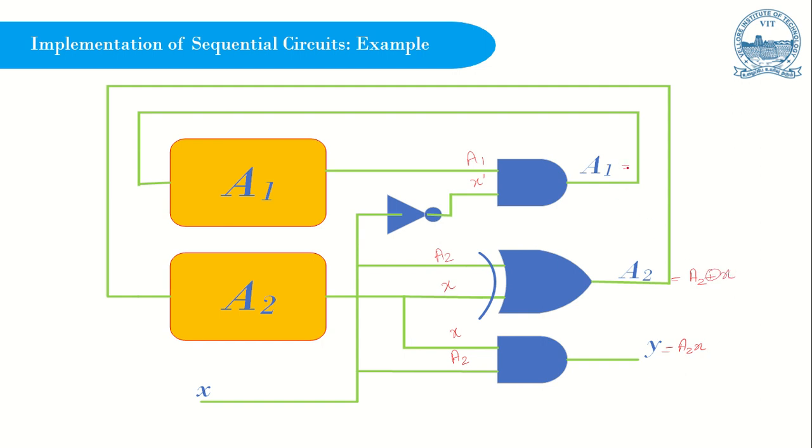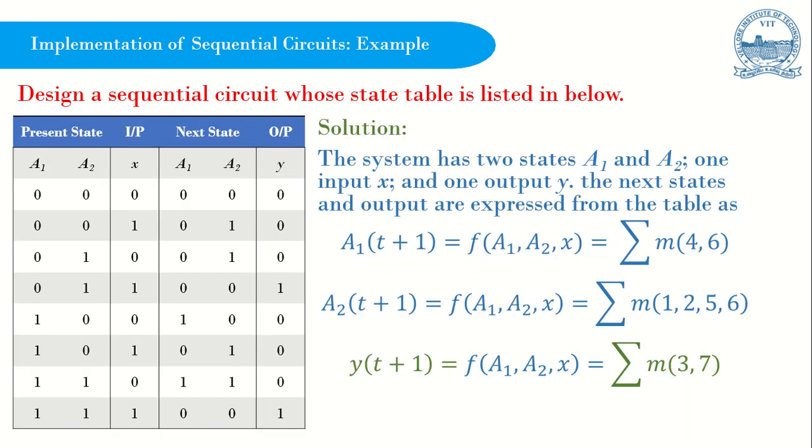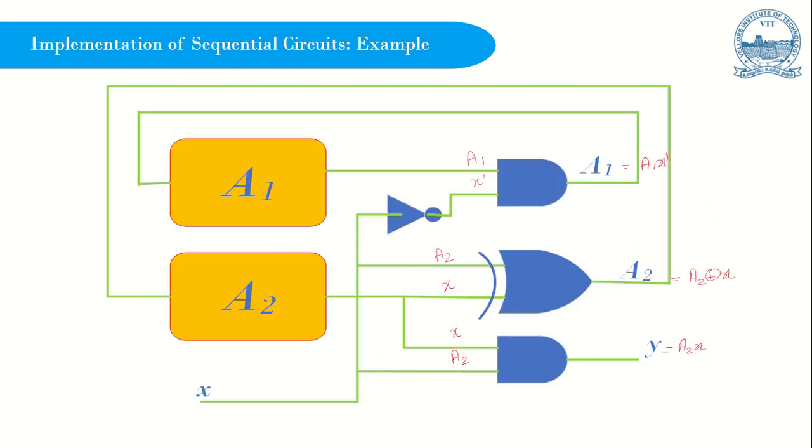And the output is Y equal to A2x. So the next state of A1 is given to the register again, with the input x. Like this, we can implement any sequential circuit, if it is given in a state table form, into this logic circuit.